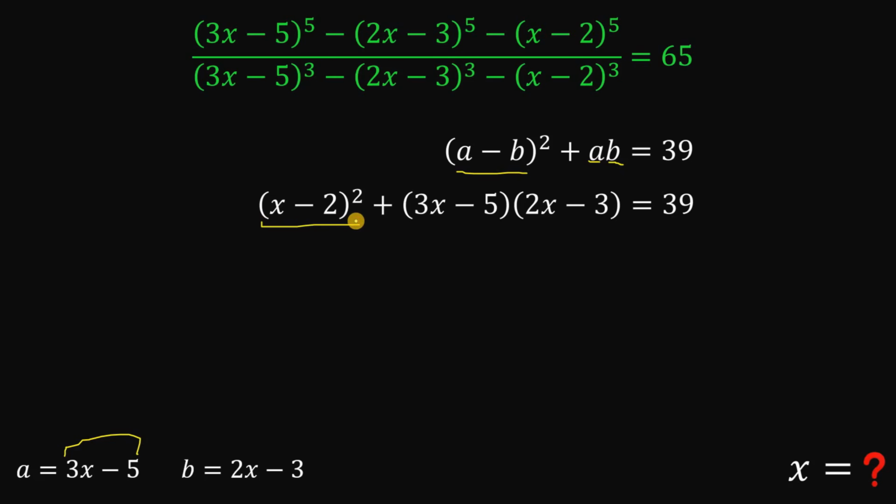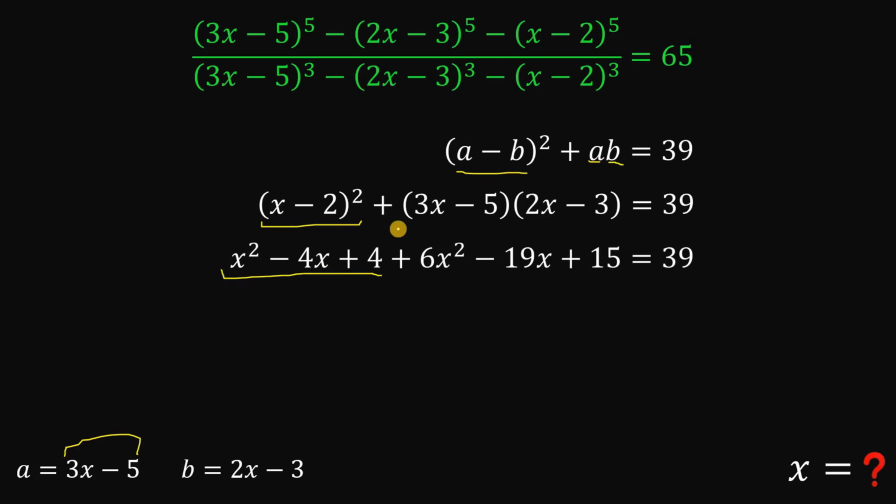x minus 2 raised to the power of 2 will give us x squared minus 4x plus 4. And multiplying 3x minus 5 by 2x minus 3, we end up with 6x squared minus 19x plus 15. Now, combining like terms, we have this quadratic equation: 7x squared minus 23x minus 20 equals 0.